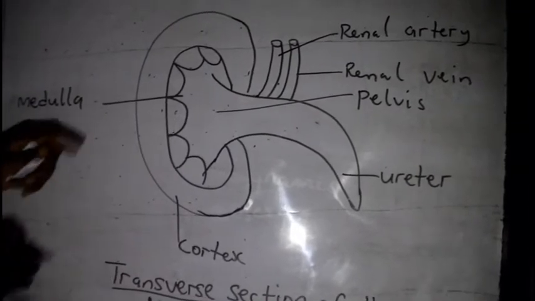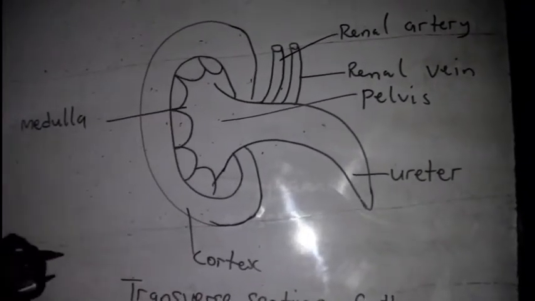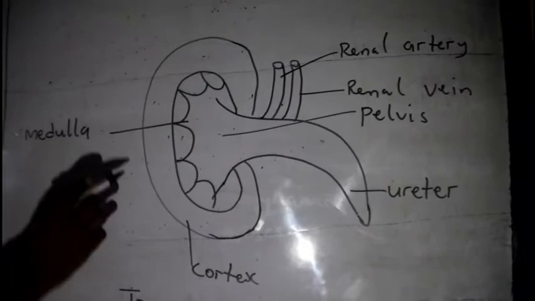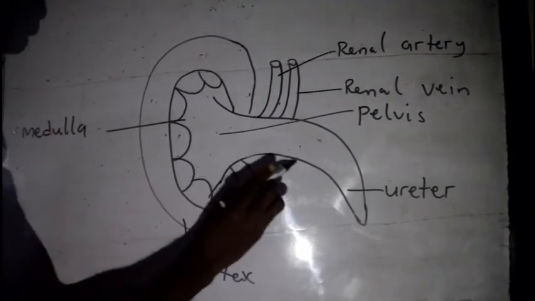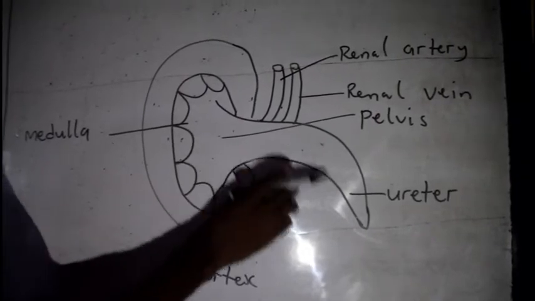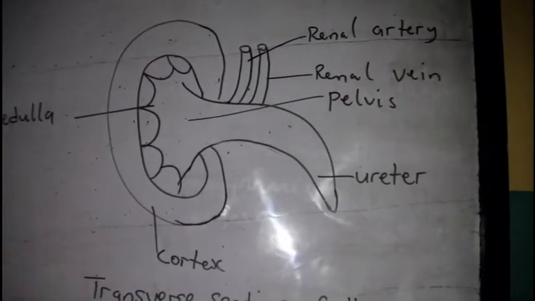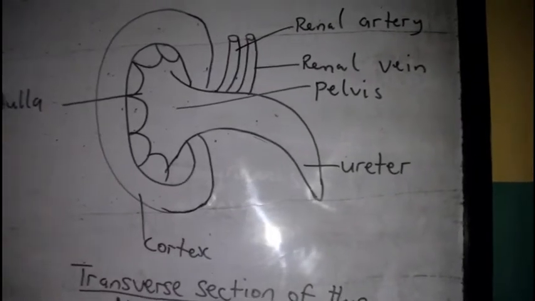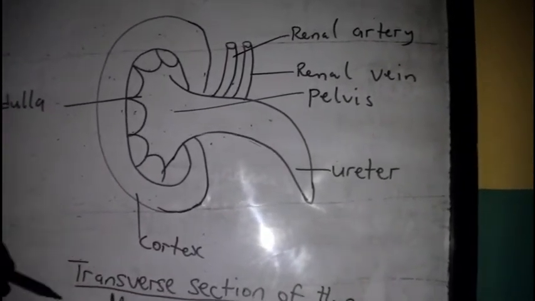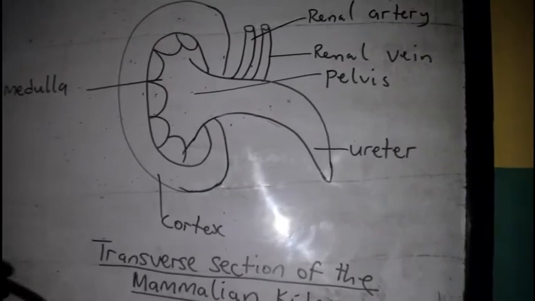Immediately after the cortex, we have the inner part called the medulla, and the medulla leads to a funnel-shaped structure. This is the funnel-shaped structure I was talking of. This structure is called the ureter. And this ureter links to a pouch-like structure known as the bladder. That is where urine is stored.